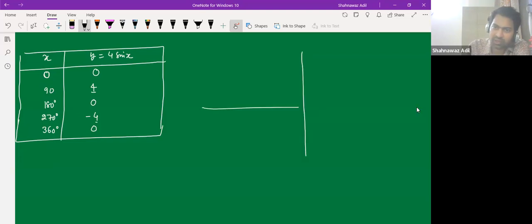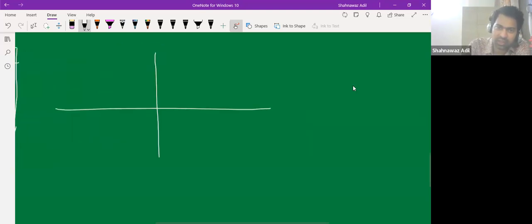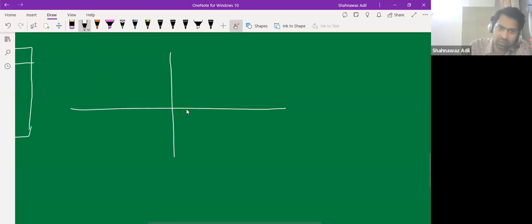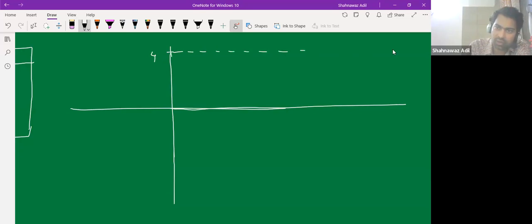Let us make this graph in here. This is the 4 line, and this is the minus 4 line. These are the maximum and minimum values, right?